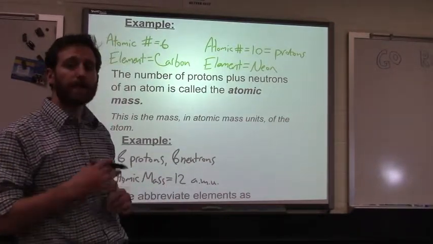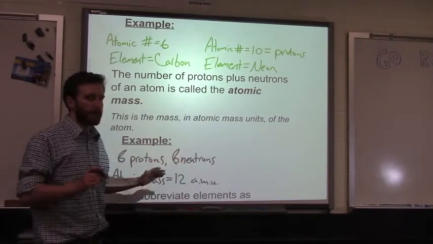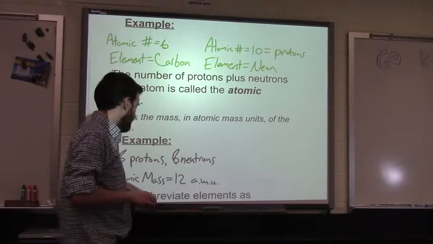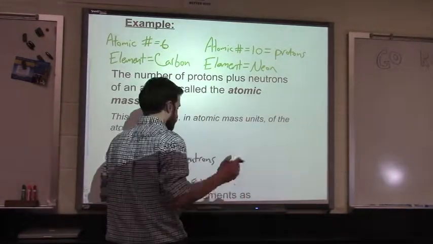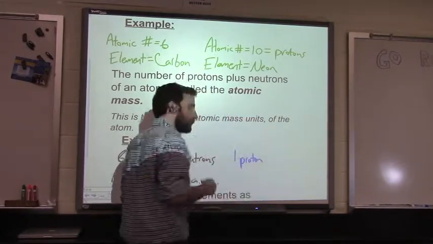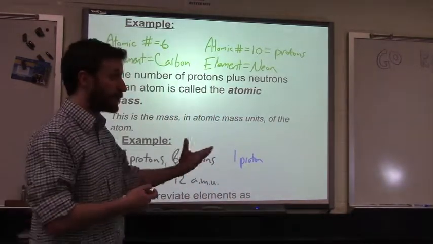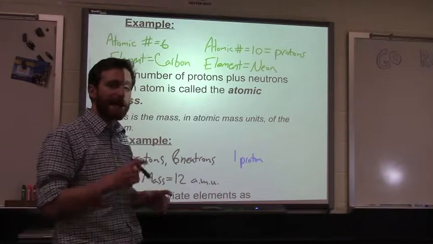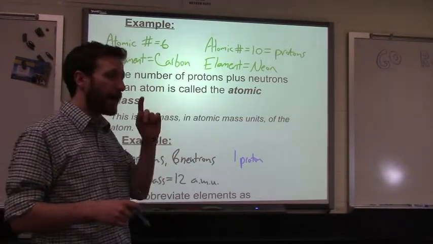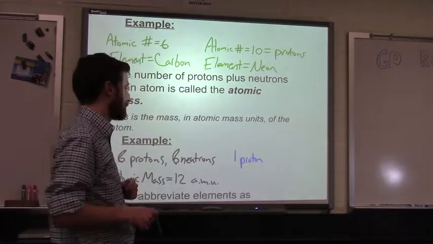Looking at another one, because protons and neutrons don't always have to be equal. I could have 1 proton. If you're wondering who has 1 proton, you'd look at the periodic table and you'd recognize that hydrogen has an atomic number of 1, and therefore hydrogen has only 1 proton.